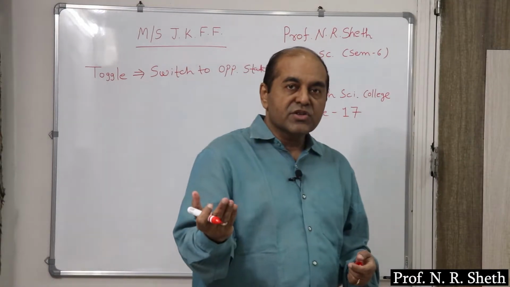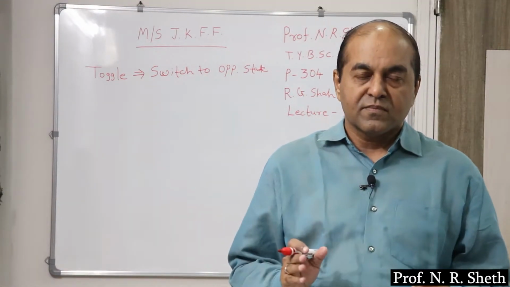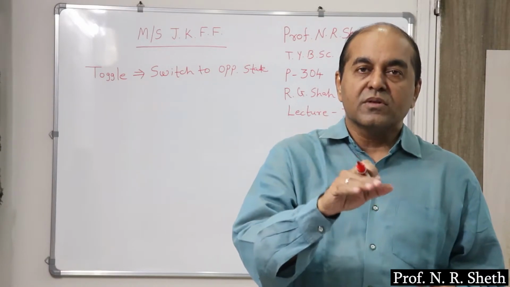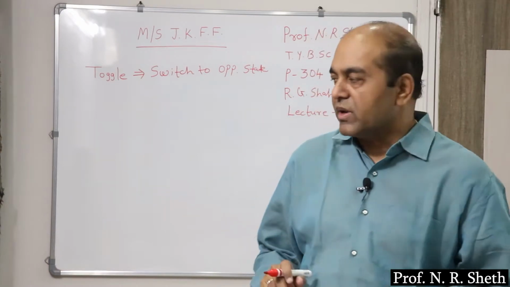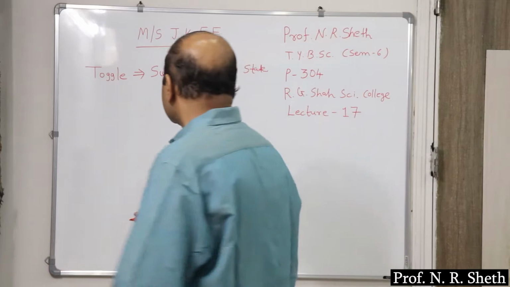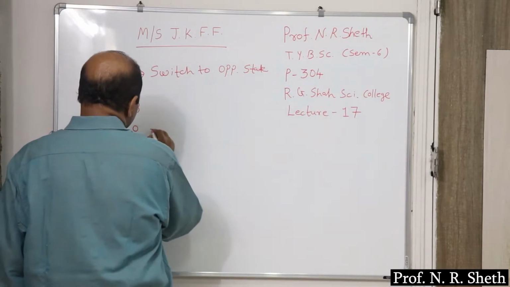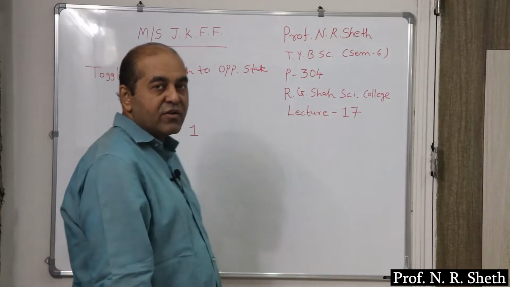If in previous stage Q is 0, then in next stage Q becomes 1. If it is 1, then it becomes 0. That is said to be toggling. This is the meaning of toggling.